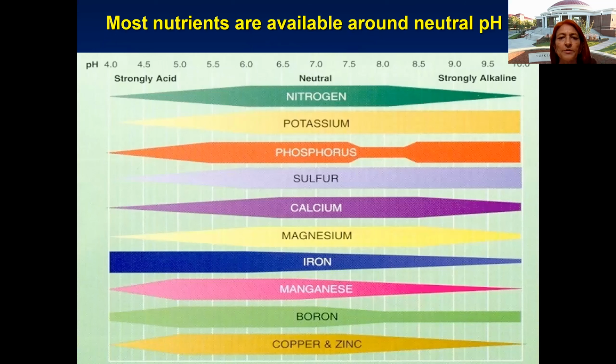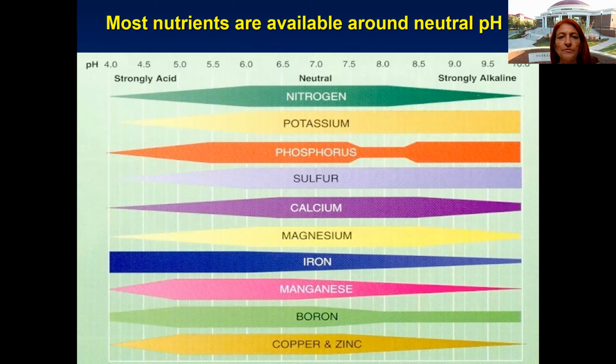So this chart over here shows the nutrient availability in the soil at different pH levels. If we look at the nitrogen, you see the band. The wider band means higher availability of these nutrients to the plant roots.